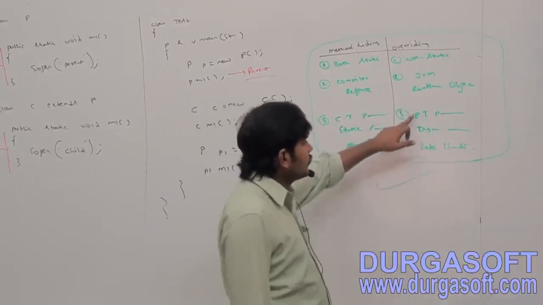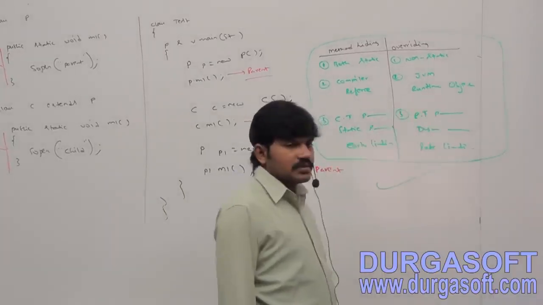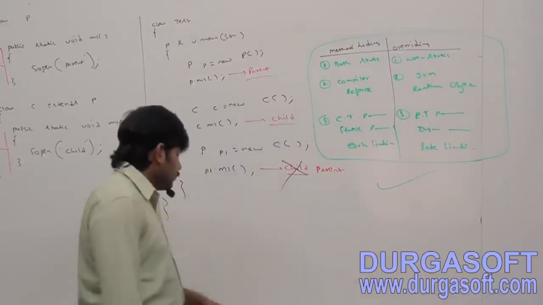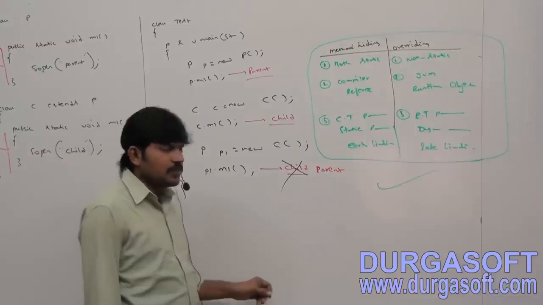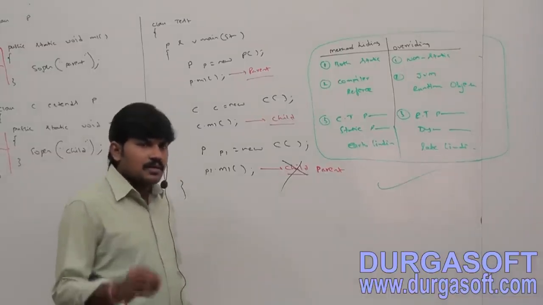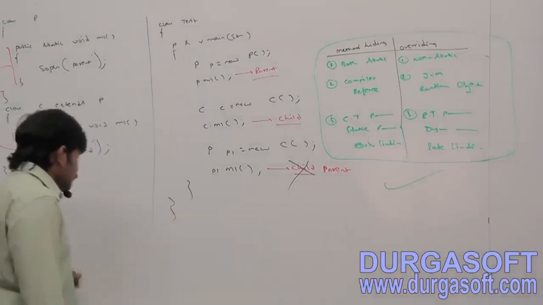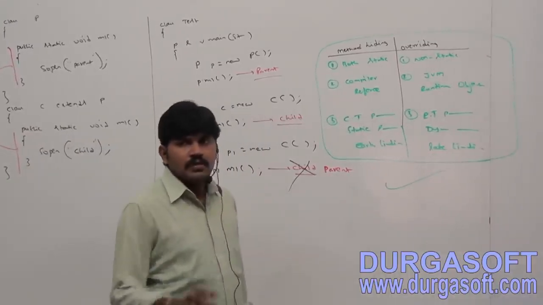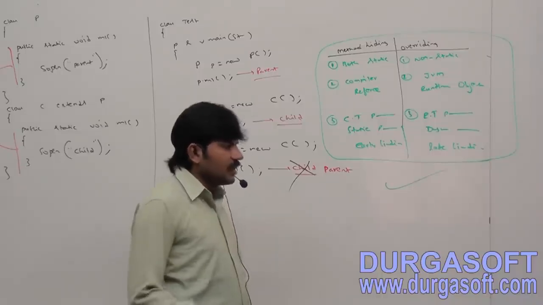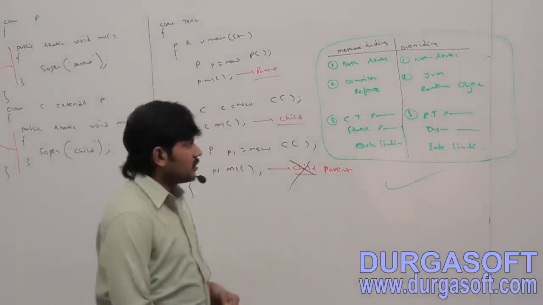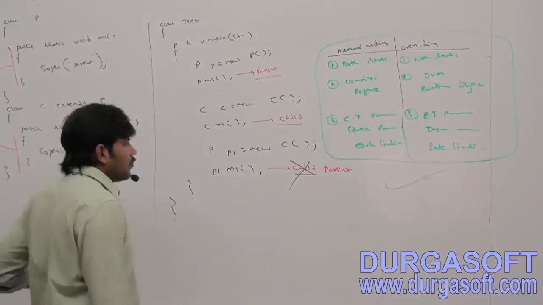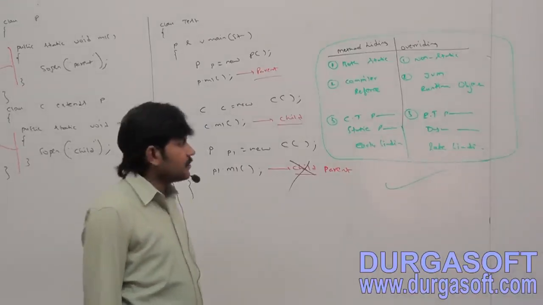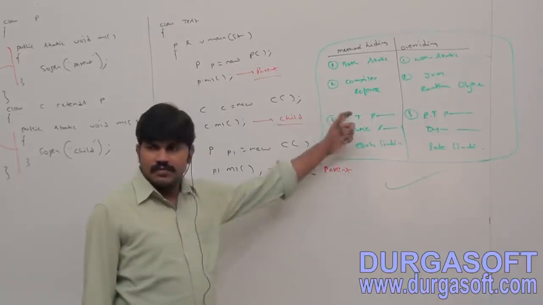Next, on the other side, it is also known as runtime polymorphism or dynamic polymorphism or late binding. That's all, completed, right?